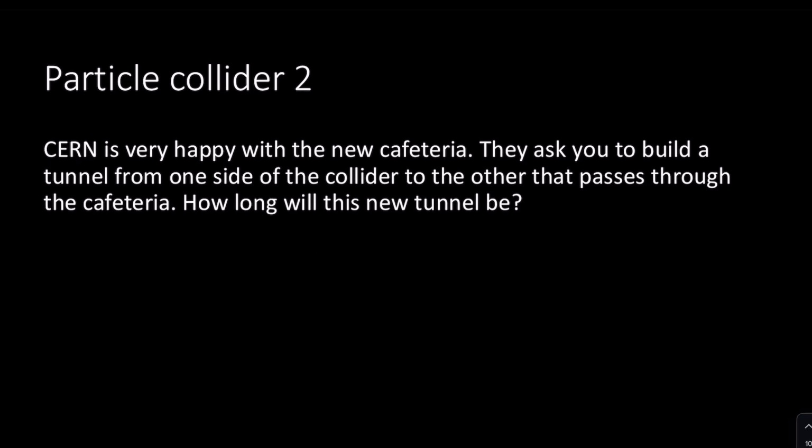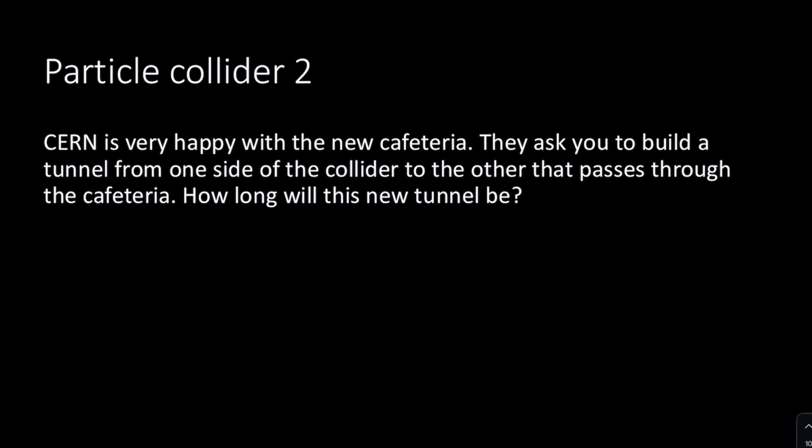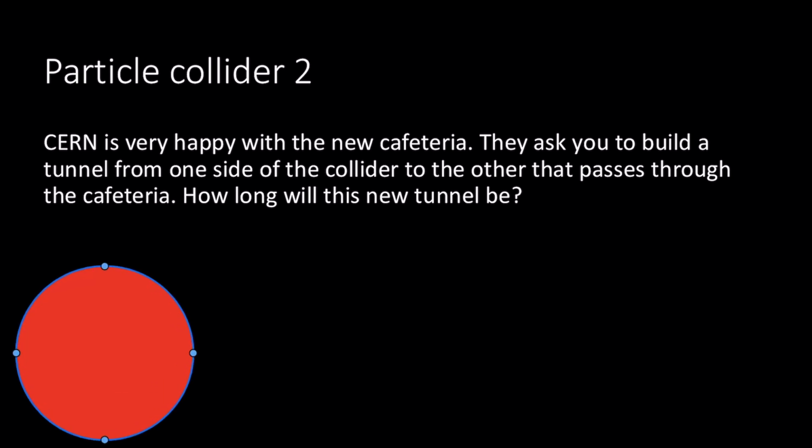Okay, particle collider question 2. CERN is very happy with the new cafeteria. They now ask you to build a tunnel from one side of the collider to the other that passes through the cafeteria. Okay, so we have our collider here.